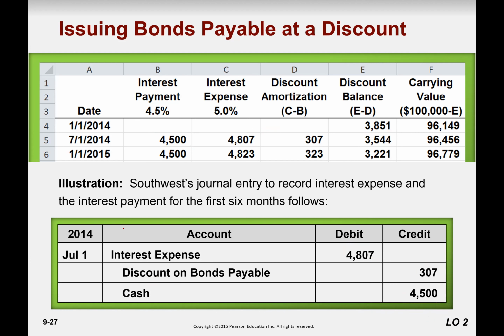So entry going to be interest expense to discount to cash. This figure will go to income statement. This is the cash paid, and this will decrease our discount to 3544.